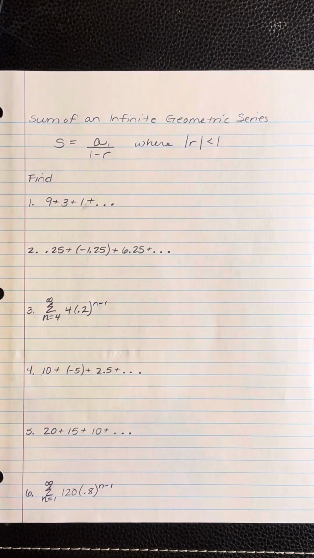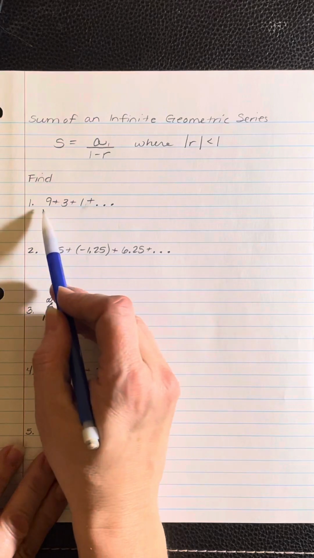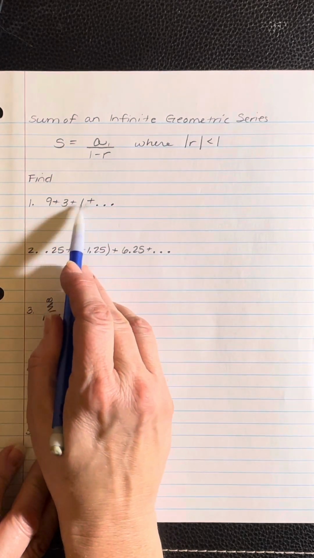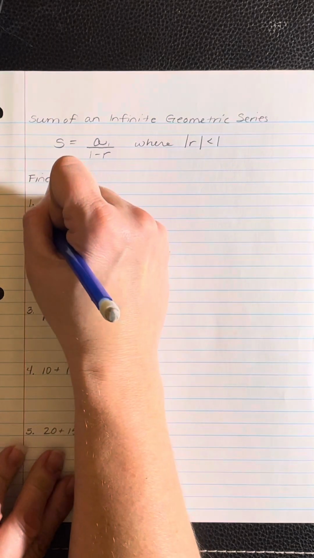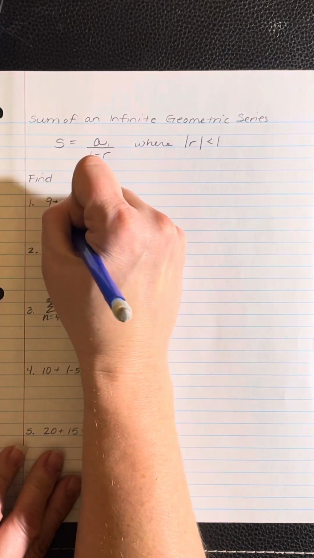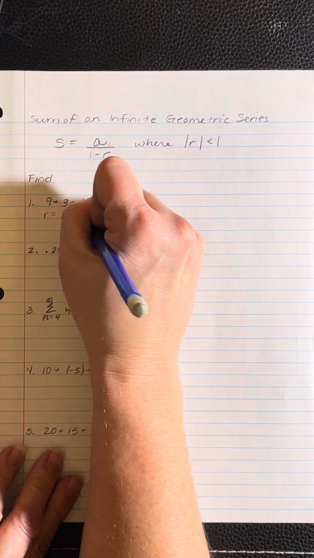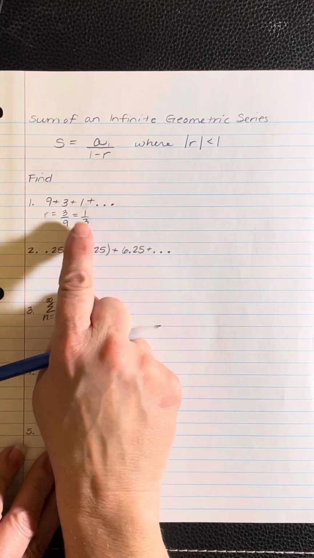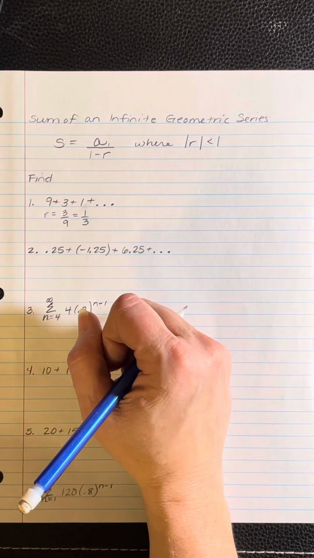Okay, so we look at this one and we see 9, 3, 1. All right, my common ratio is 3 divided by 9, or 1/3. And if you look, multiply by 1/3, multiply by 1/3, that's working. Okay.